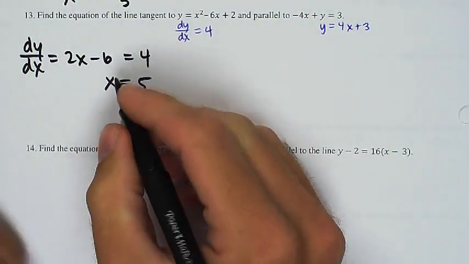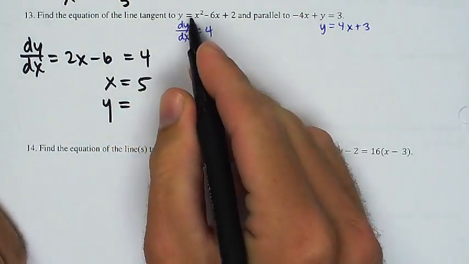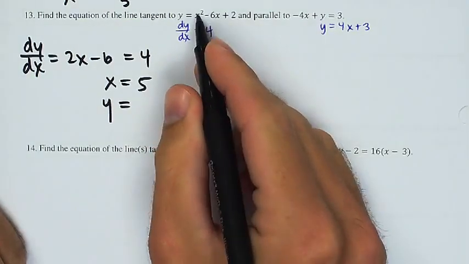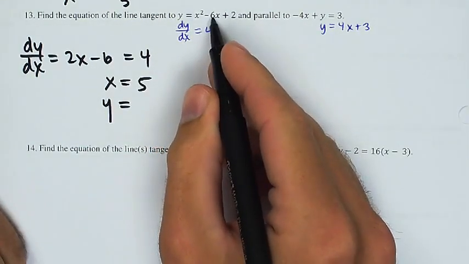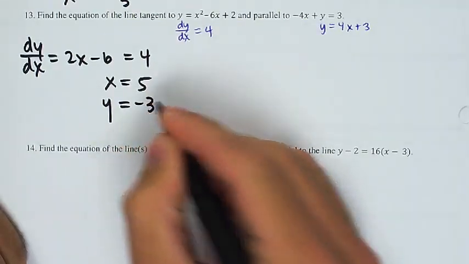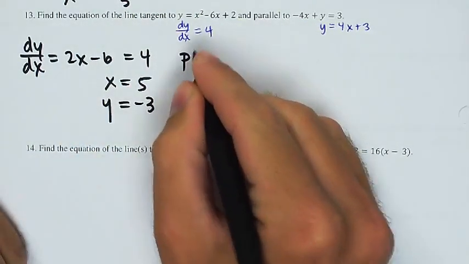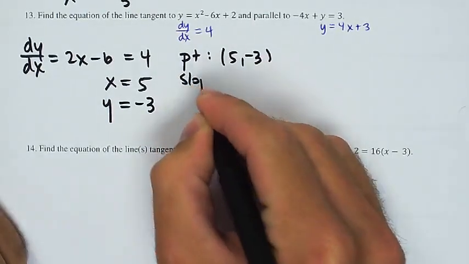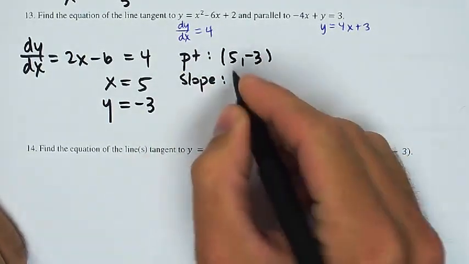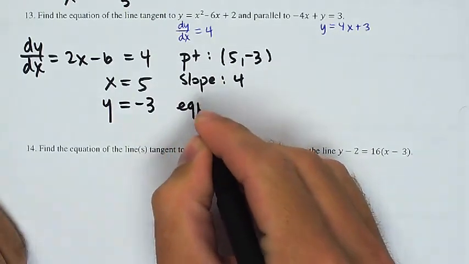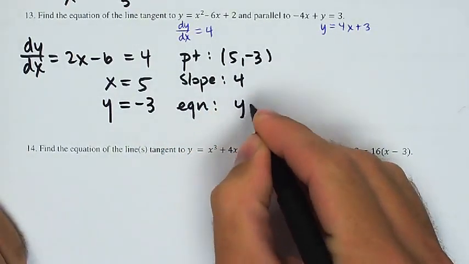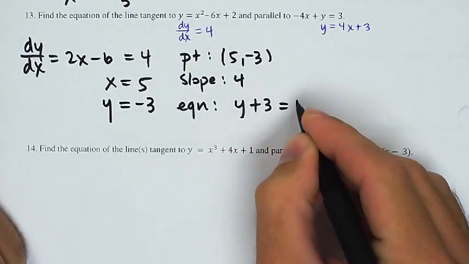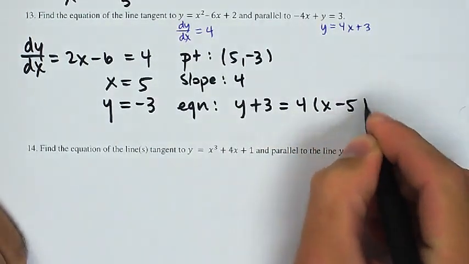I've got the x coordinate of the point. The y coordinate is going to be x squared is 25 minus 30 is negative 5 plus 2 is negative 3. So my point is 5 and negative 3. My slope is 4. Therefore, my equation is going to be y minus negative 3 equals 4 times x minus 5.